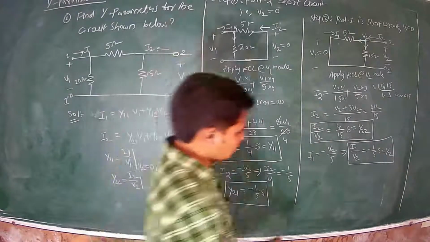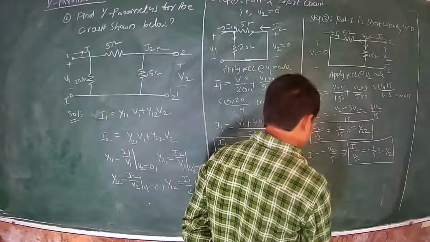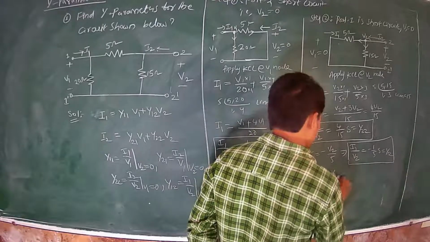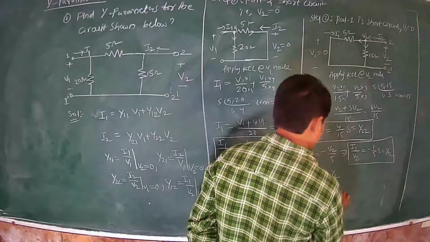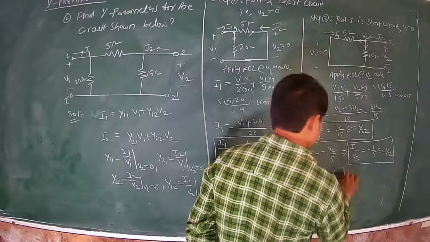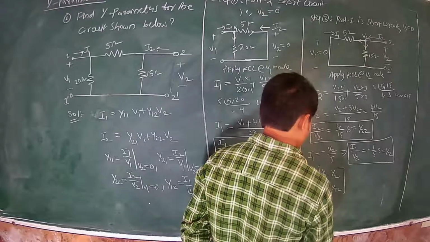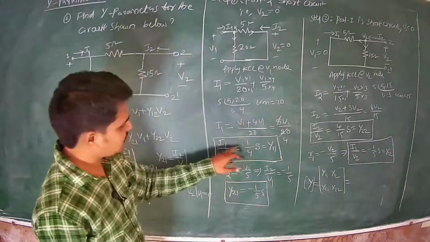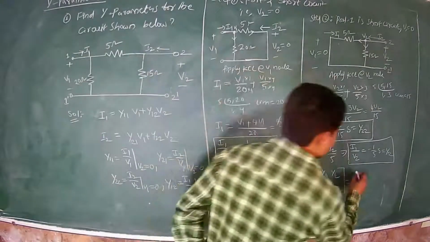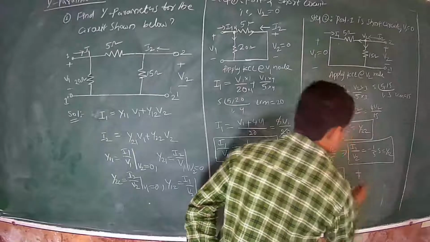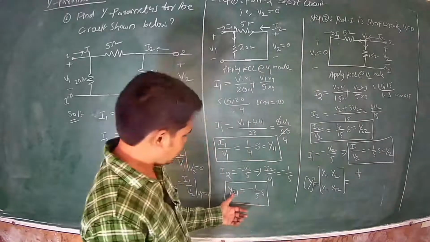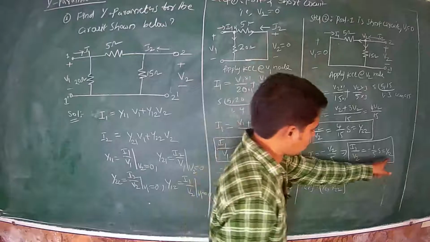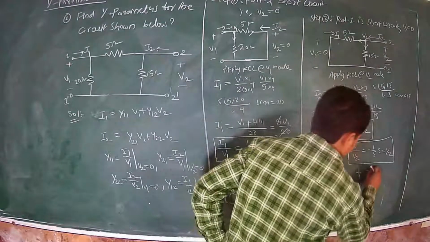Now if you write all the admittance parameters in matrix form, Y11, Y12, Y21, Y22, this admittance matrix Y equals: Y11 is 1 by 4 Siemens. Next, Y12 is minus 1 by 5 Siemens.